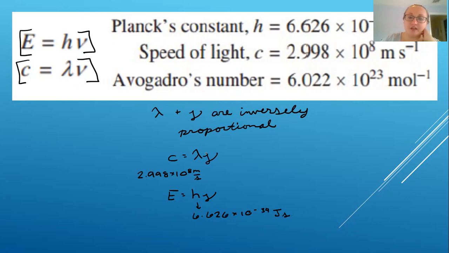Sometimes you'll be given the wavelength and have to solve for frequency before you can use this equation. Rearranging this, you would get that nu is equal to C over lambda. So the next time someone asks you what's nu, you can say C over lambda. Haha, get it?